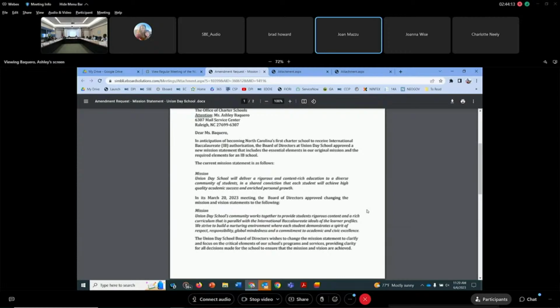So we went back and forth a lot. The changing of the mission was critical because the IB learner profiles, there are 10 of them, are probably the most important thing to IB. And not only are these profiles really important, they need to see it working within the school building. If anyone would like me to tell them what those 10 are, I'd be glad to.